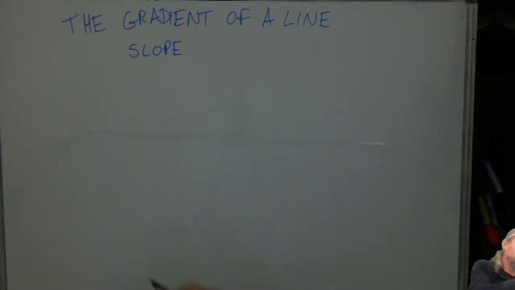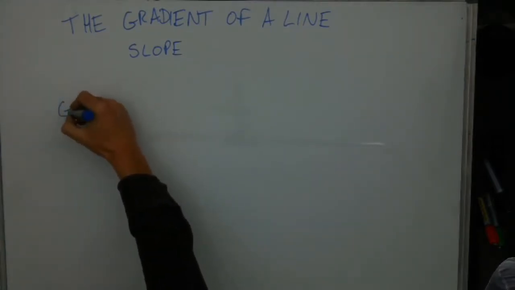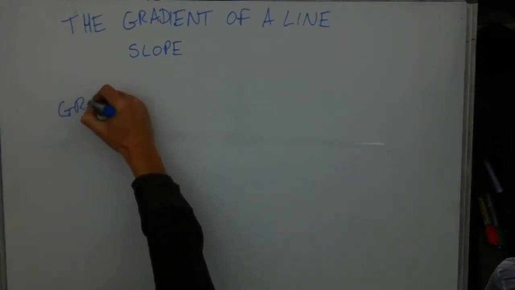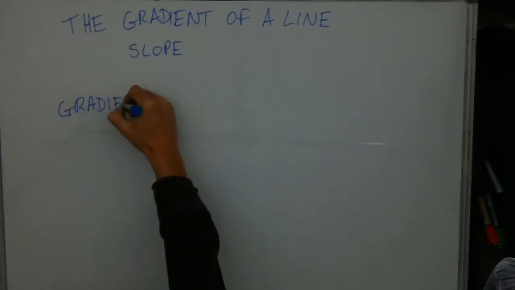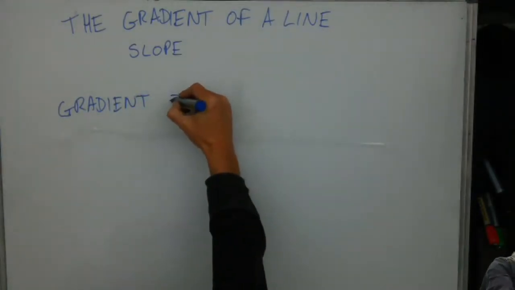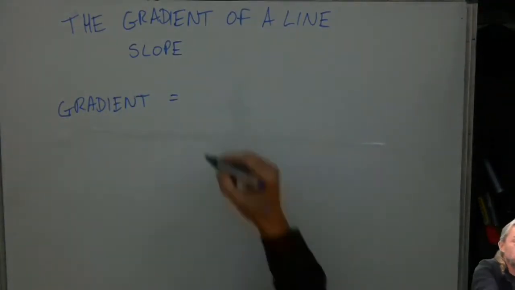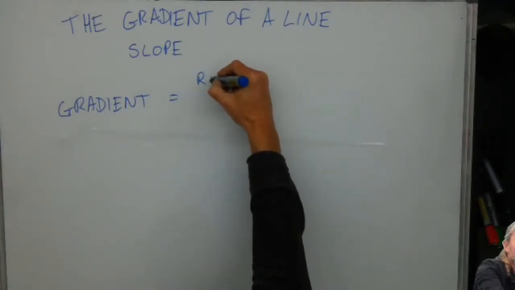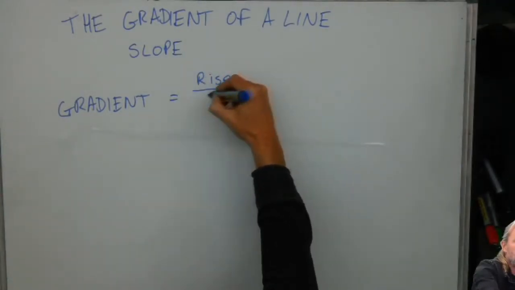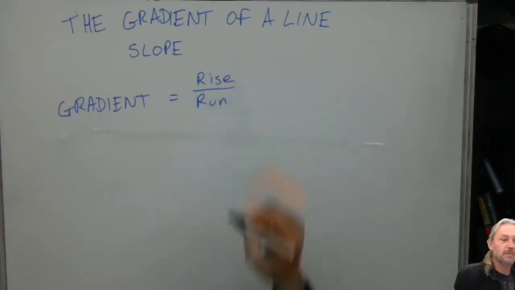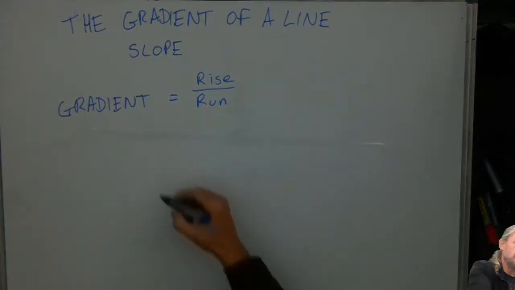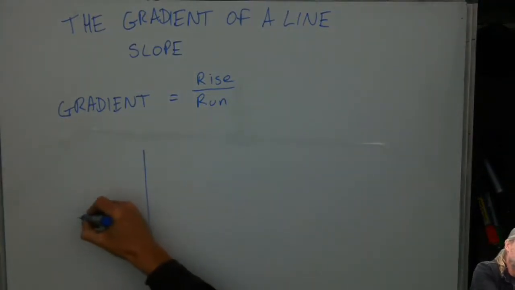So essentially the gradient formula equals, and you may have come across this before, rise over run.